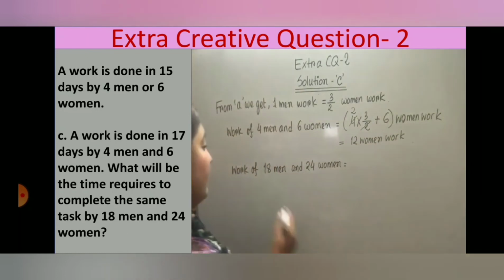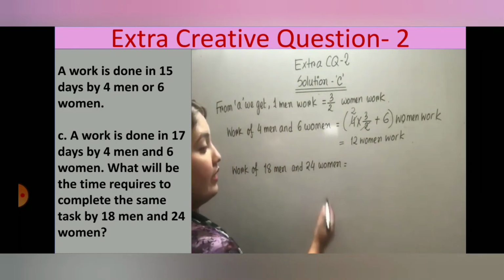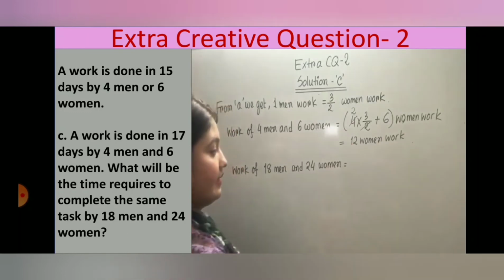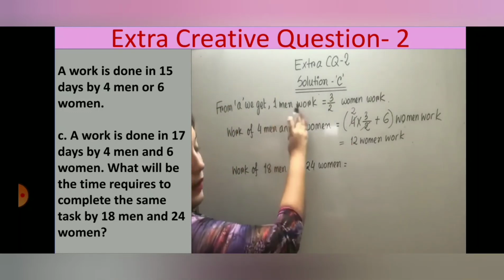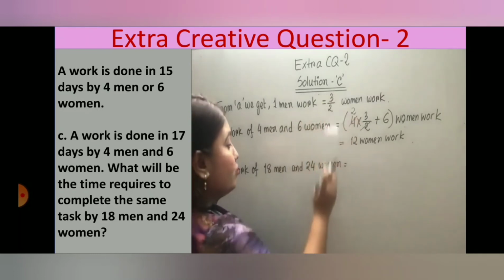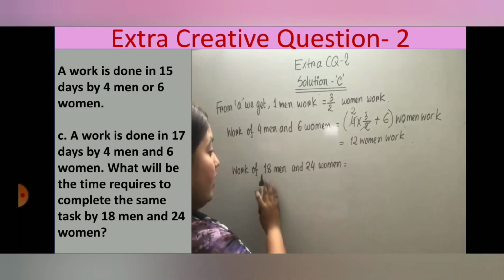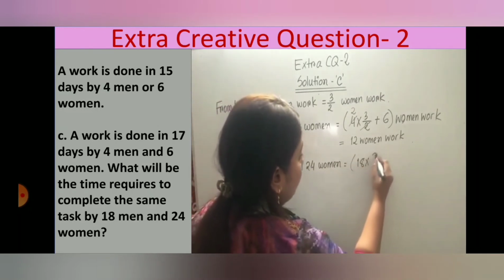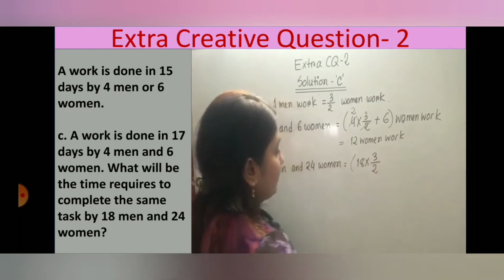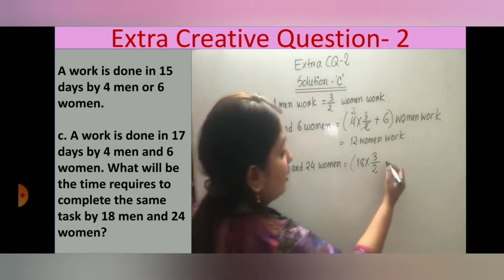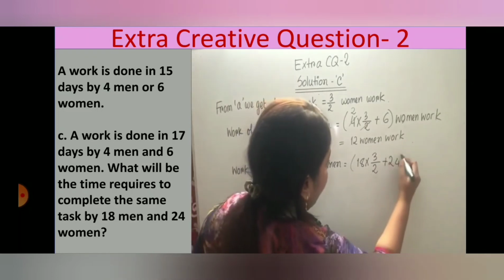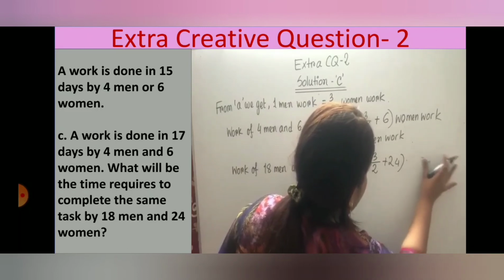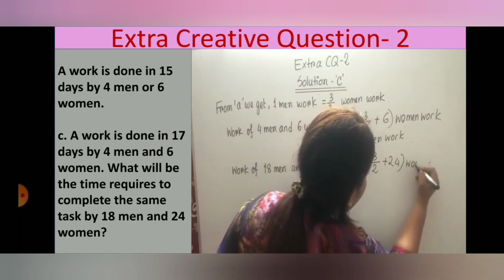Then the work of 18 men and 24 women, we will convert similarly. As we know, 1 man's work is equal to 3 by 2 women's work. So, with 18 what we will do? We will multiply by 3 by 2. Then here there are 24 women left. So, I will write here women's work.